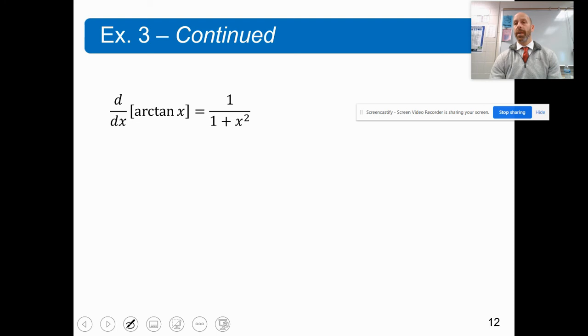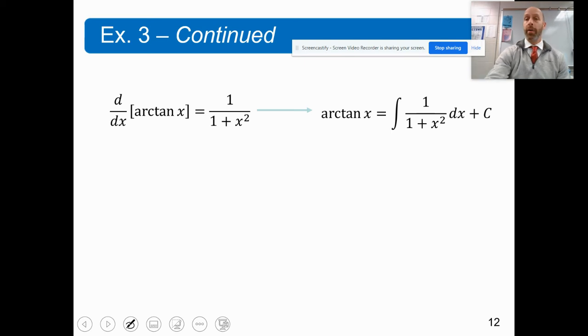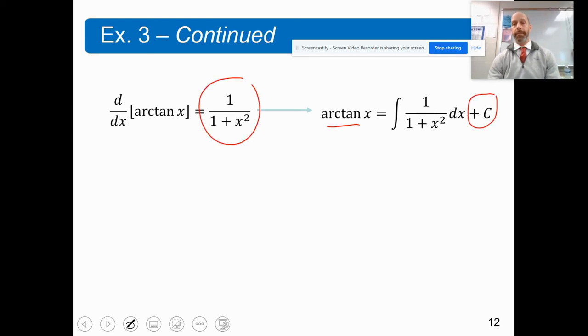So let's pick up where we left off with that. If I don't want the derivative of arctan, I want arctan by itself, so I need to undo differentiation. And how am I going to do that? By integration. So if I integrate both sides by the fundamental theorem of calculus, arctan is simply going to be the integral of this. And oh, by the way, don't forget that plus c.